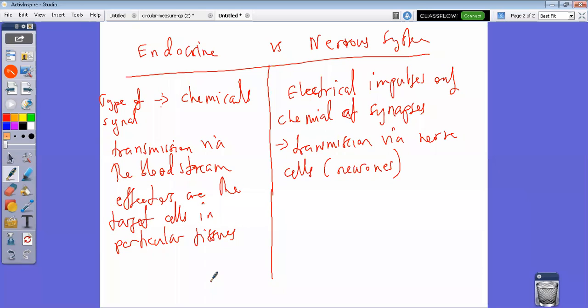Are we together? Effectors are your target cells. For the nervous system, the effectors are mainly muscles or glands. Clear?